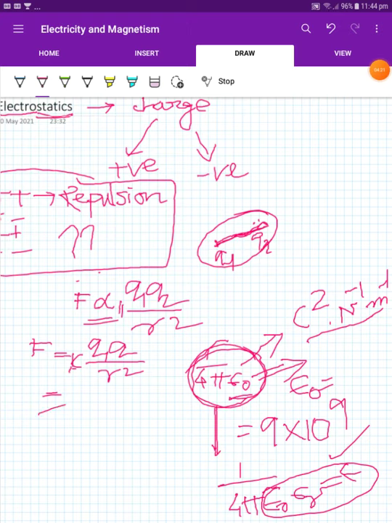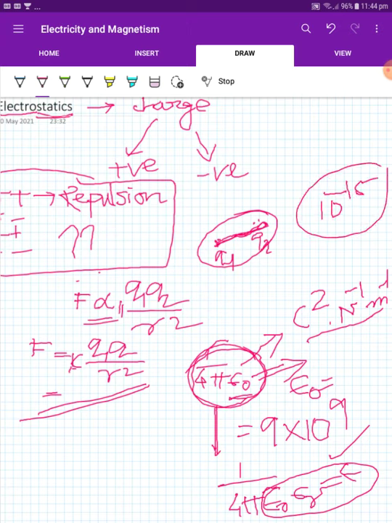Now this Coulomb's force is valid only when the distance of separation between the charges is very large as compared to the dimension of the charges, so that it exists between 2 point charges. It is not valid at very small distances of separation, that is in the Fermi order of distance, 10 to the power minus 15. Coulomb's law will not exist there.